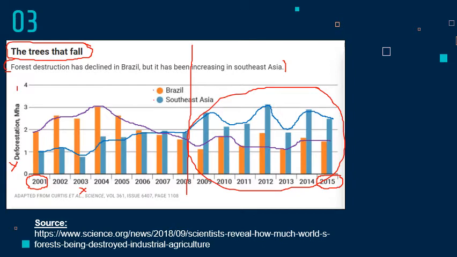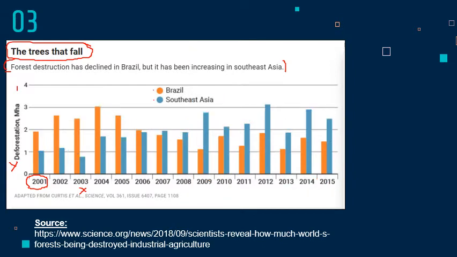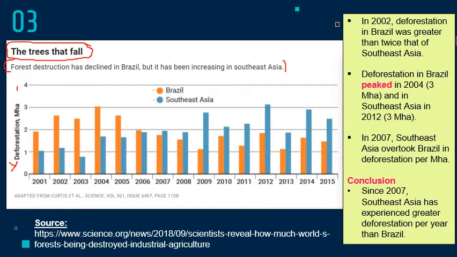Now I'm going to rub these out, hopefully nice and quickly. There we go, excellent, just to make it a bit easier to read the graph. So what are some points I can make about this data, and what conclusion can I draw? And is it going to be the same as the author's conclusion? So I can say that in 2002, deforestation in Brazil was greater than twice that of Southeast Asia.